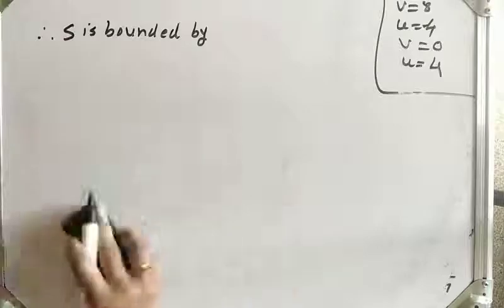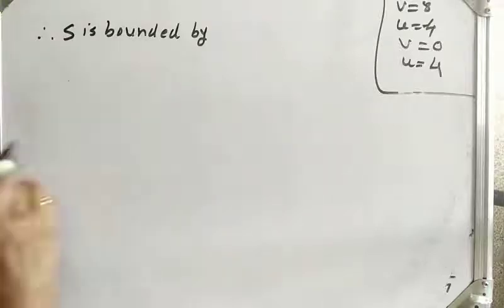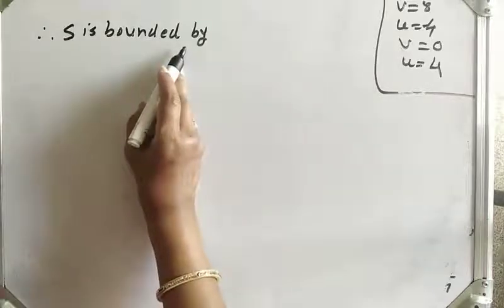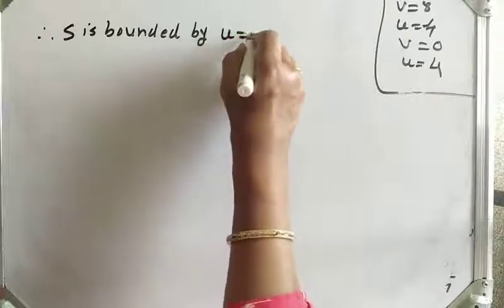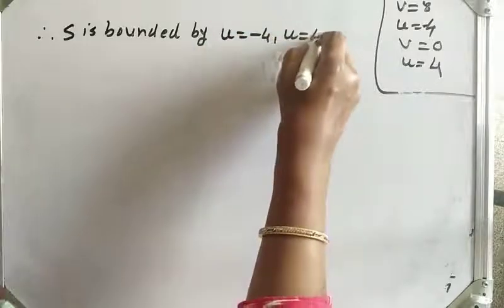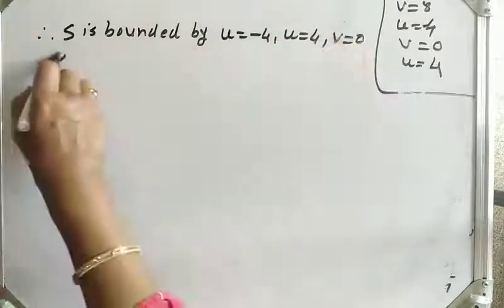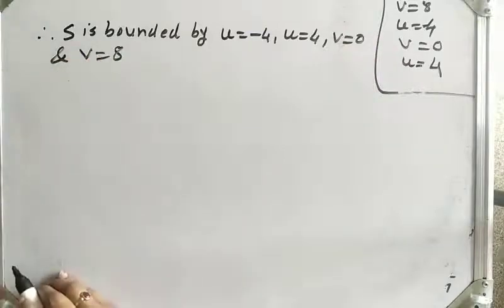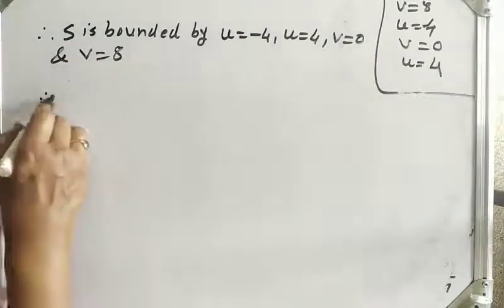Therefore S is bounded by u is equal to minus 4, u is equal to 4, v is equal to 0 and v is equal to 8.